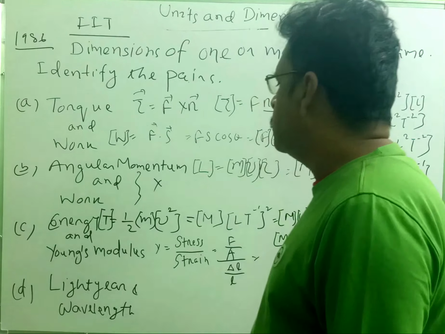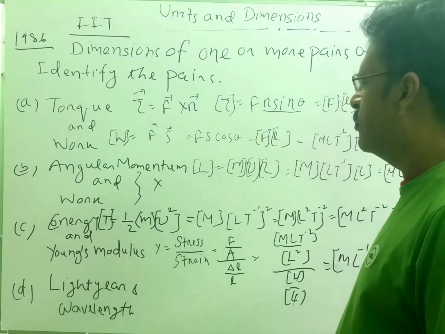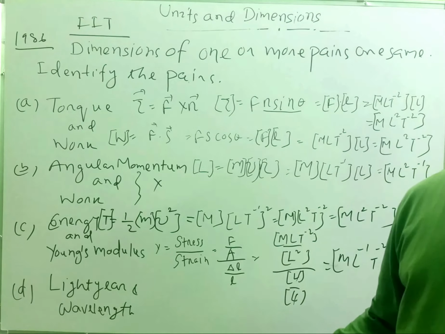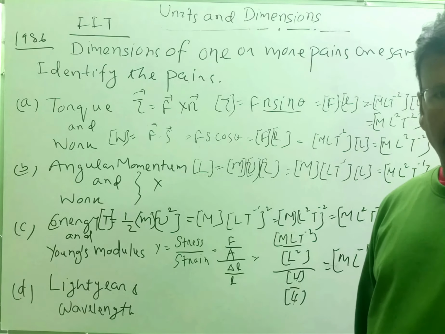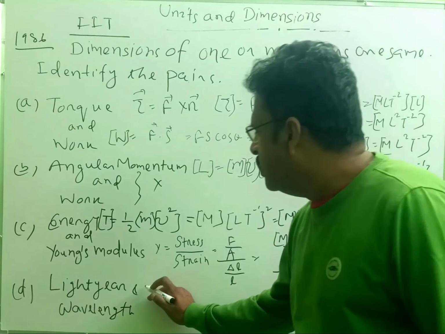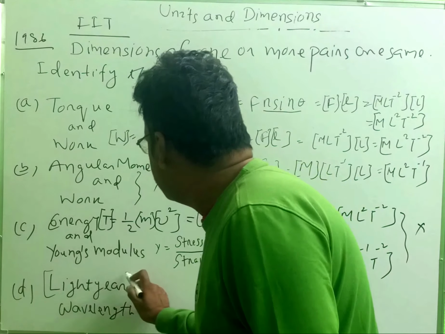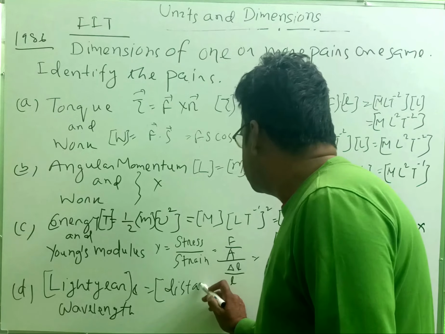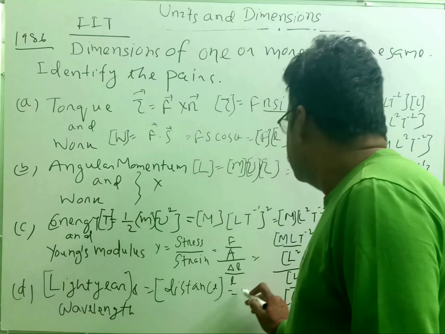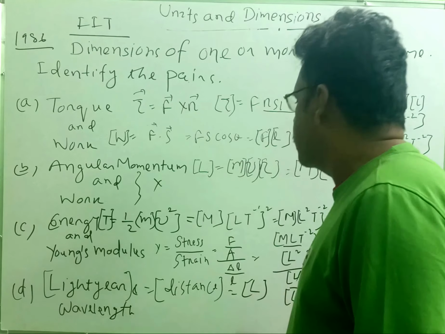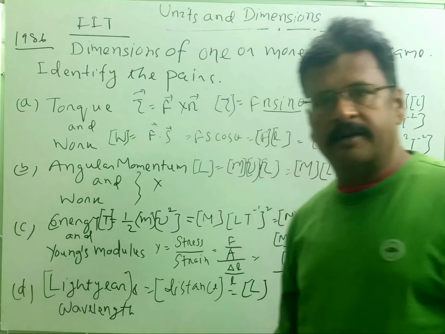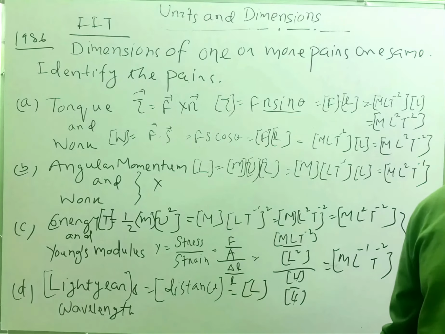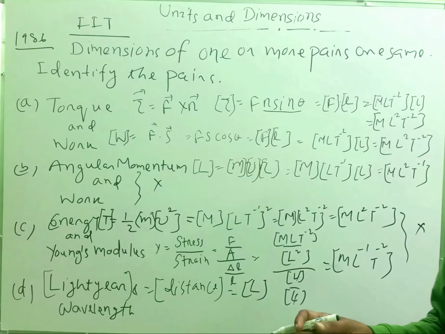Let us see what is the dimensional formula of light year. What is a light year, students? A light year is the distance traversed by light in one year. So this is a distance, and it will have the dimensions of distance. And what is distance, student? That is a length, so it has dimension L. And what is wavelength, student? That is the distance between two adjacent crests or troughs of a wave.